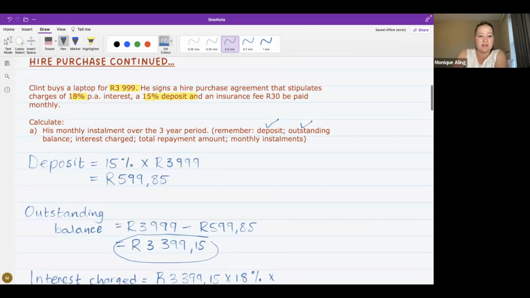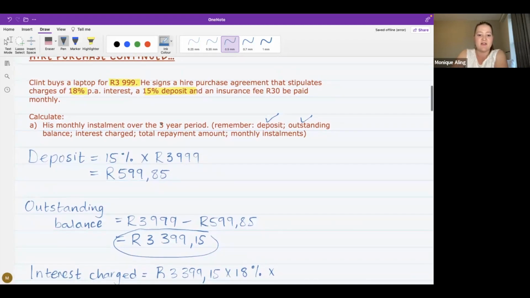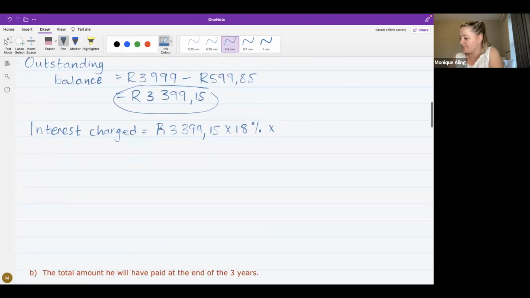Is it 3 years? It says so in the question, 3-year period. Well done to those of you that answered. Great. It's amazing, Nomhle and Zoleka and Kazimla.